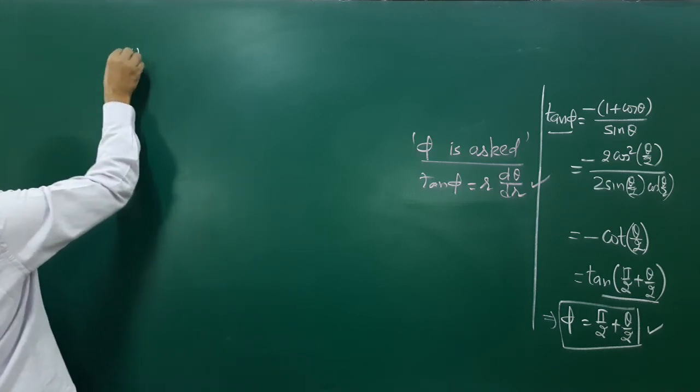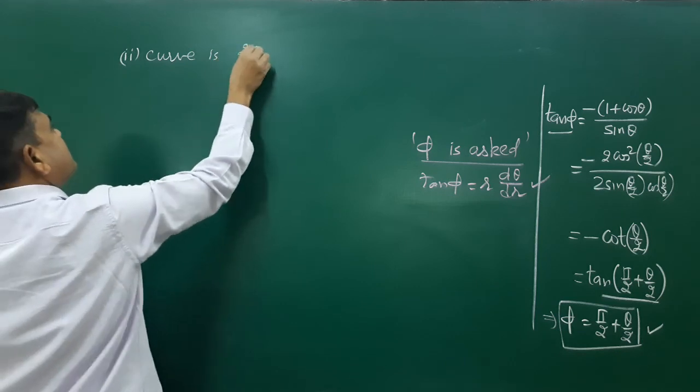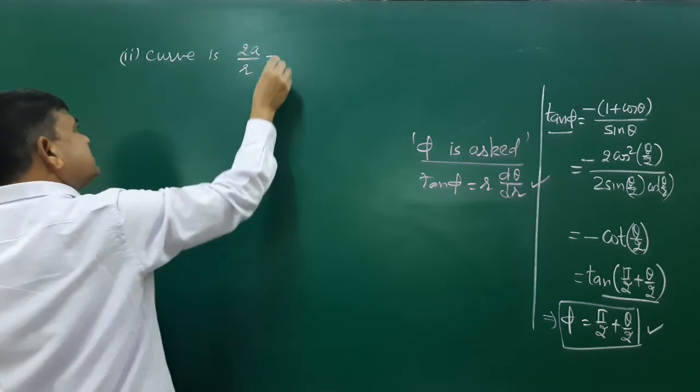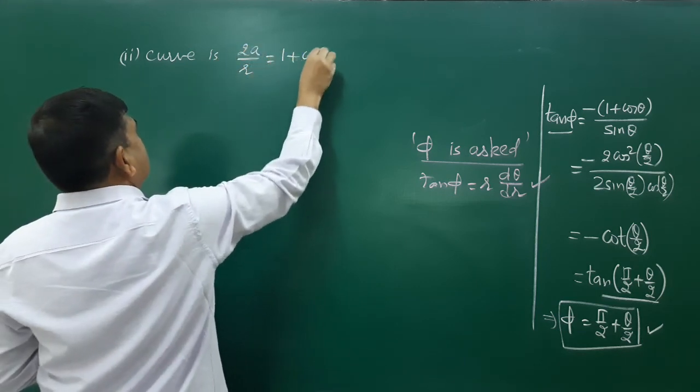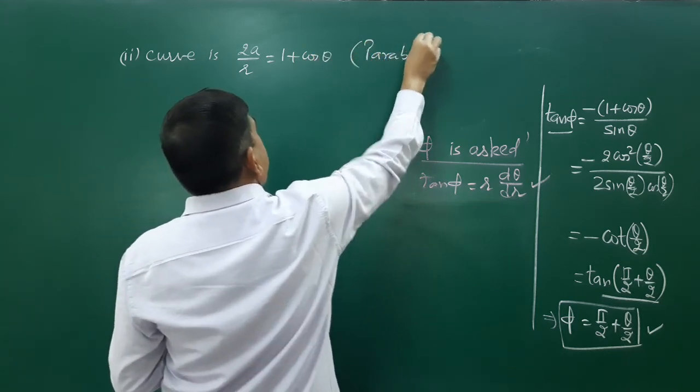Second part, the curve is 2a upon r equals 1 plus cos theta. Remember, this is a parabola.